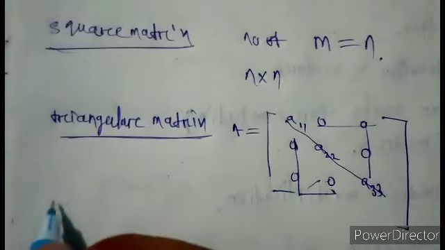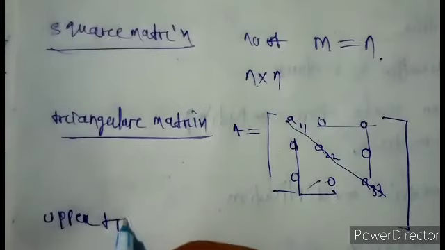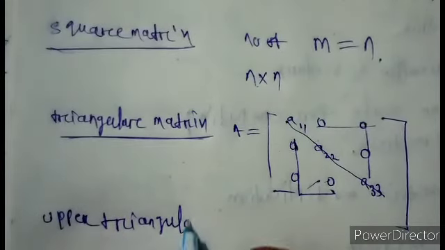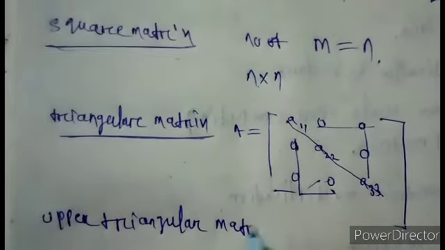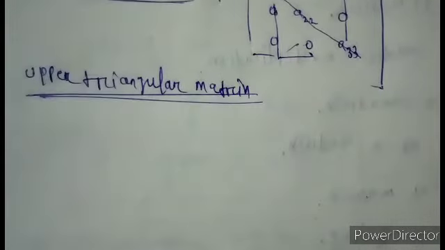Then come to the upper triangular matrix. What is called an upper triangular matrix?